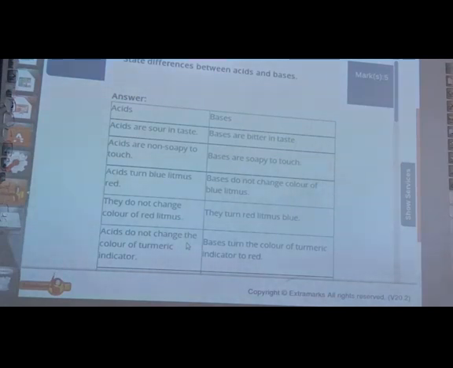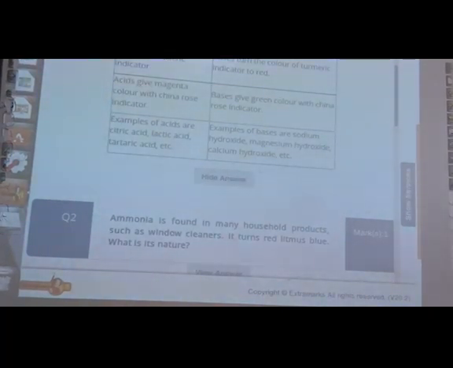Acids do not change the color of red litmus, bases turn red litmus blue. Acids do not change the color of turmeric indicator, bases change the color of turmeric indicator. In my answer only 3 differences are there, here more than 5 are there. So whichever you want, you can write.